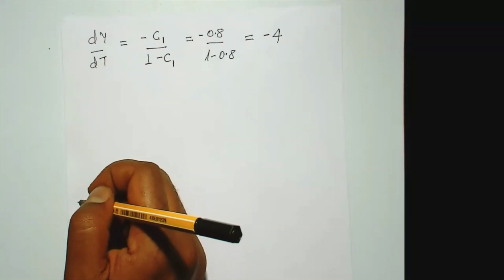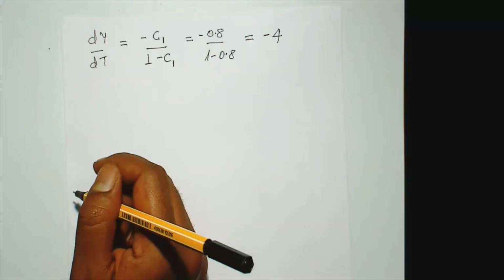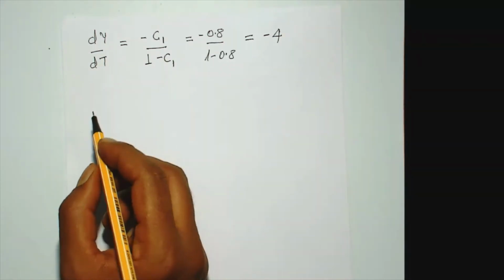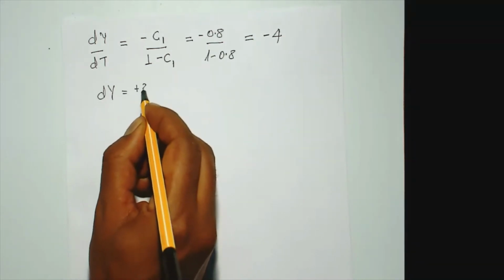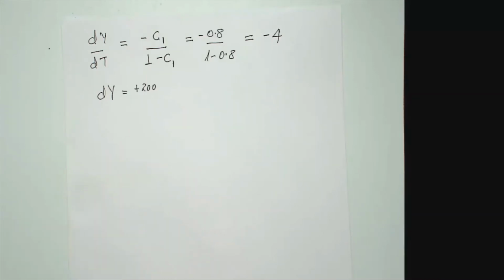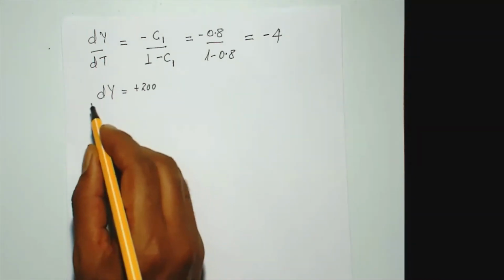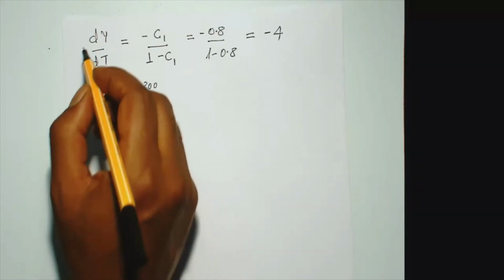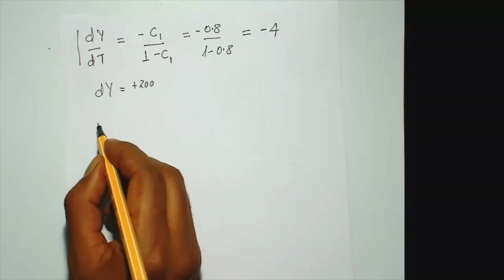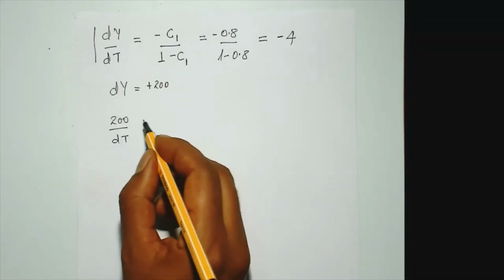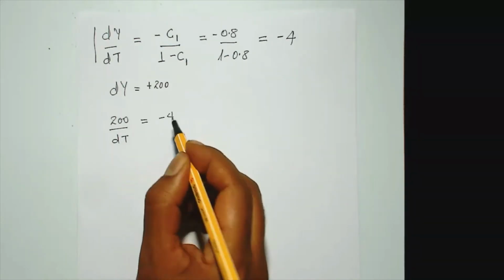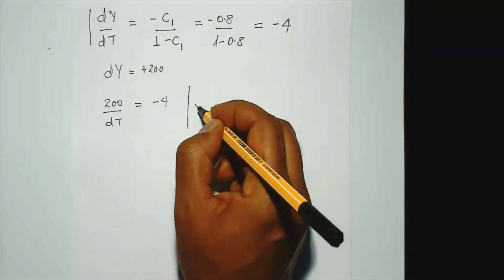Here again, we want to have an income which is equal to the basic scenario, so we want to have the change in income to be a positive 200 money units. If I insert my 200 money units in the formula that I have just derived, 200 divided by the change in tax is equal to minus 4.